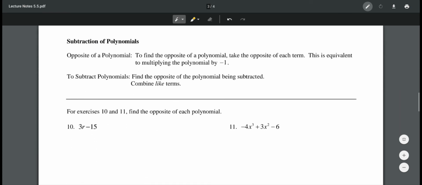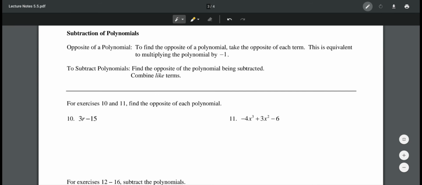Now, when it comes to subtraction of polynomials, you need to find the opposite of the polynomial. I apologize. The opposite of a polynomial is basically changing the sign. It's also equivalent to just simply multiplying it by negative 1.